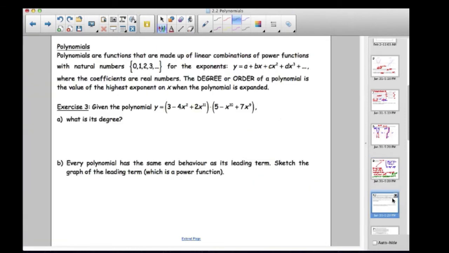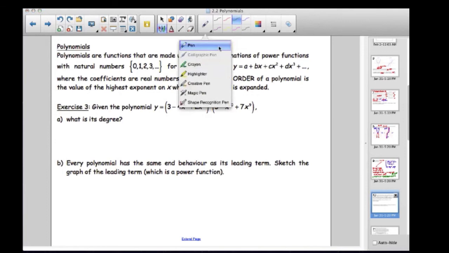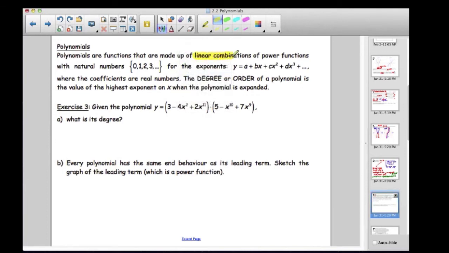All right, now that we've done some work with transforming the basic power functions, and remember power functions are only one term, what happens if we add a cubic power function and a quadratic power function and a linear power function and a constant? Then what we get are linear combinations. And we are going to be studying these linear combinations of power functions, which are called polynomials.